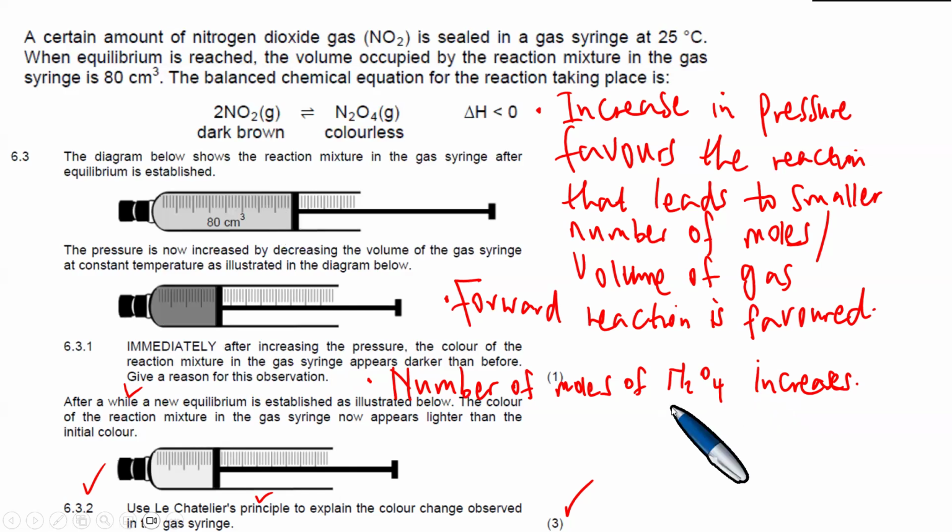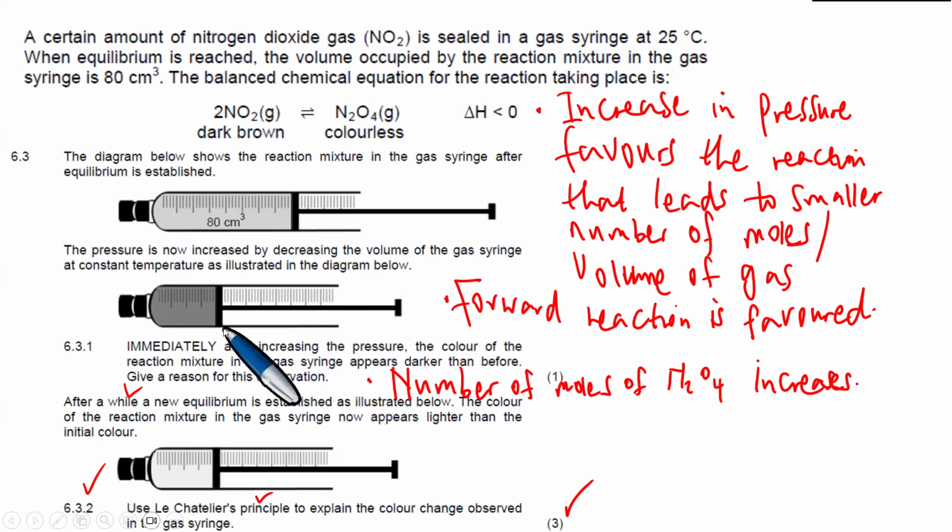Now I would like us to discuss these three syringes. First, remember that a certain amount of nitrogen dioxide is sealed in the gas syringe at 25 degrees Celsius, and you have that initially.